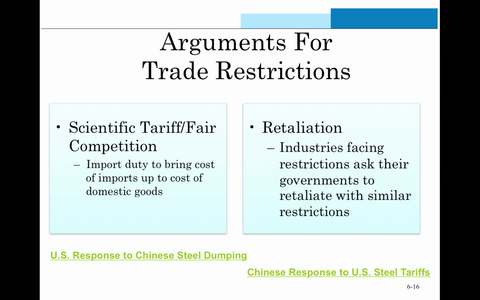So that really is the underlying reason for a lot of these trade wars we continuously get involved with China. But you can see how this plays out.